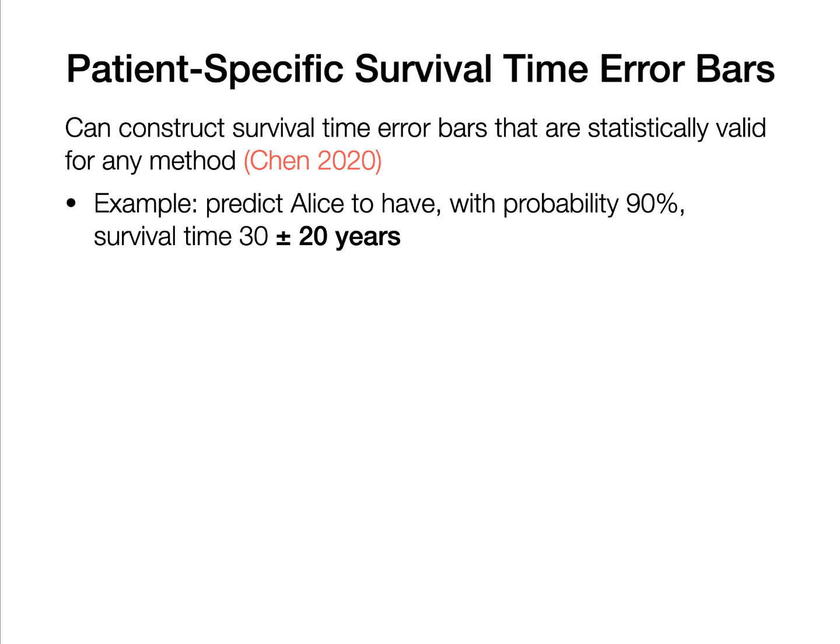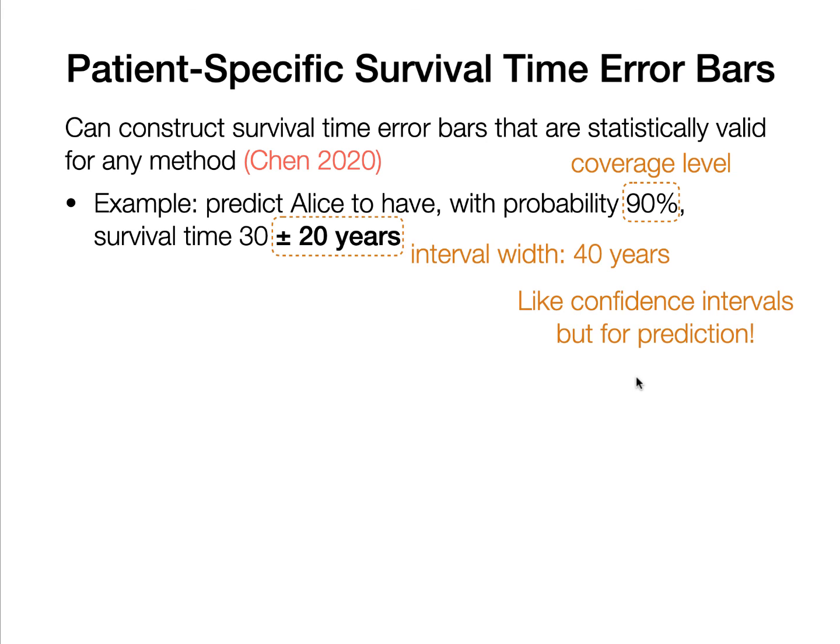Okay, so here this 90% is referred to as a coverage level, and this plus or minus 20 is like an interval width. Here the width is 40 years. Okay, basically these are like confidence intervals. Well, confidence intervals are for the model parameters, whereas here we're looking at prediction intervals.